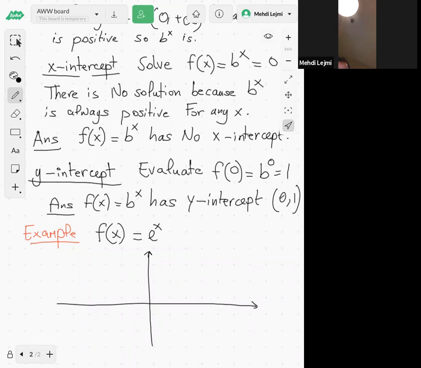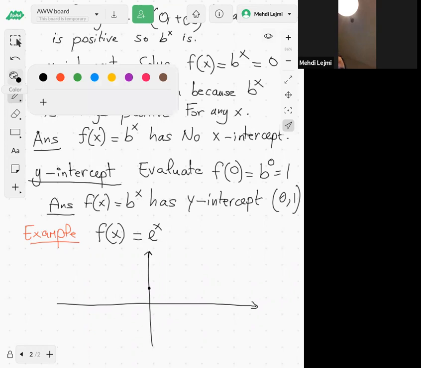As I said, there's no x-intercept. The domain is any real number. The range is positive numbers. There's a y-intercept at 1. This is the 1 here.